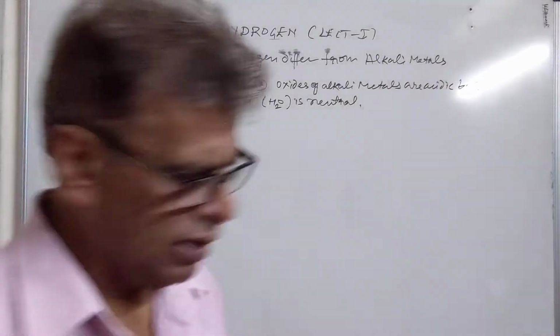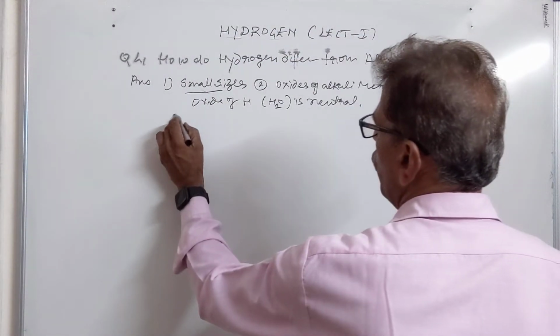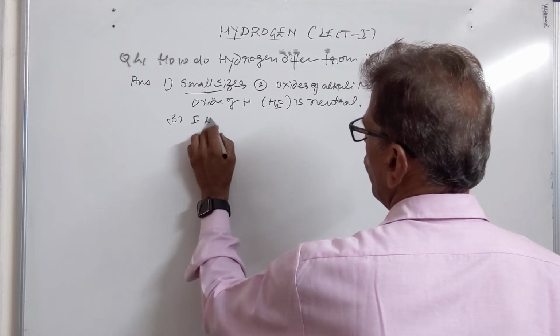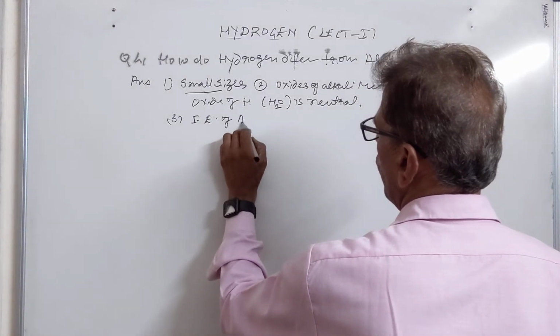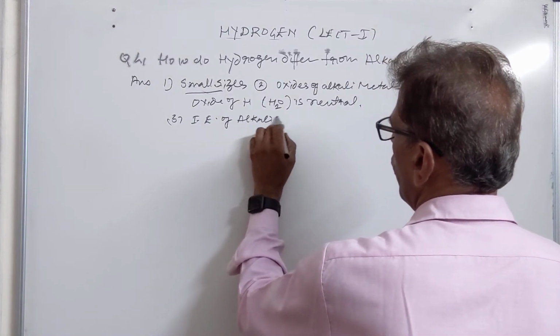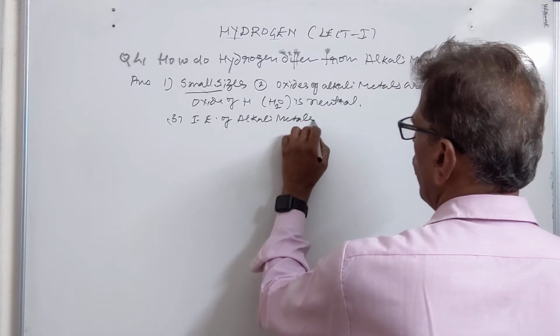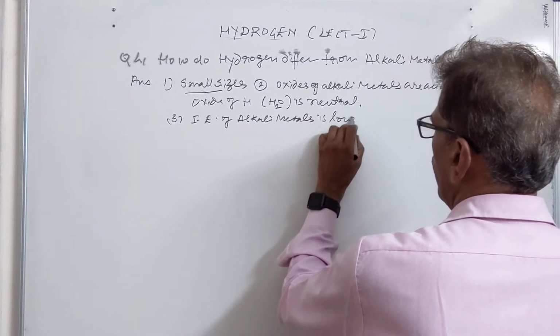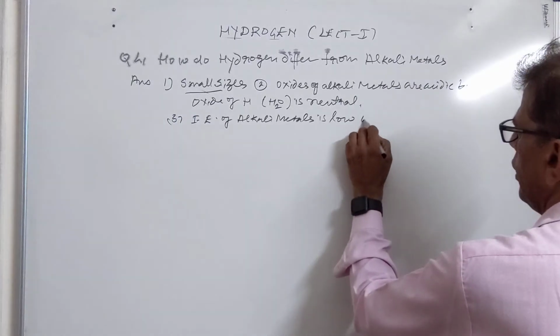The ionization energy of alkali metals is low, while that of hydrogen is high.